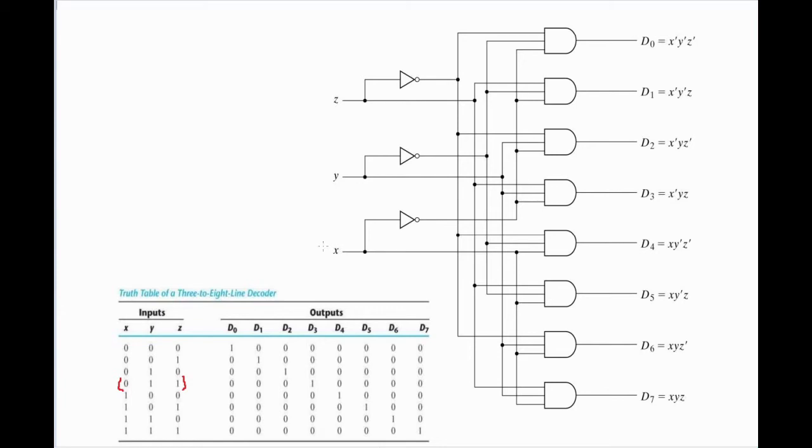Be careful not to screw up the order. 0, 1, 1. So okay, this is a NOT gate, so that means it will change it to 0 and 1. Over here also it's 0 and 1. This is 1, and this is 0.